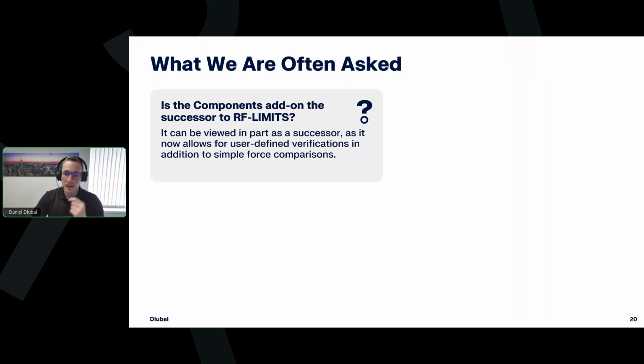When you ask me whether this is the successor, you can see it as a kind of successor, but with a main difference: you can now really use it for user-defined verifications and not only for reaction or force comparisons.